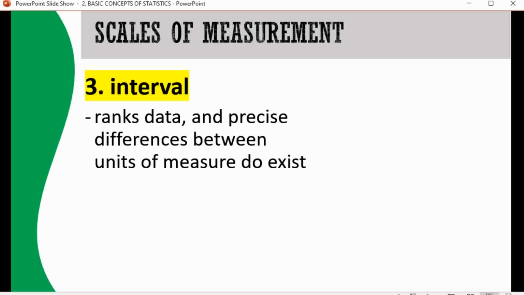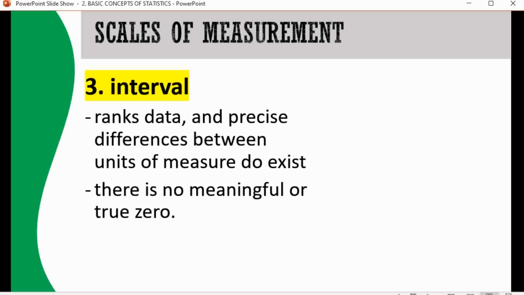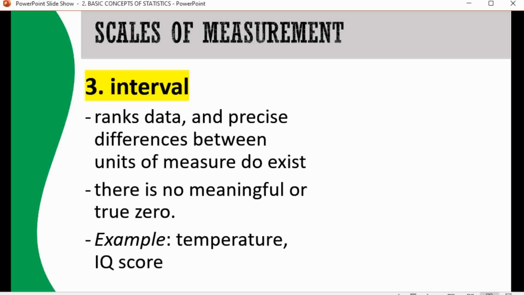To have these values, we often measure them. And through measurement, we obtain values and represent them as numbers. However, 0 here is not meaningful. There is no true 0 value. How do we differentiate this one? I'll explain further later. Examples here are temperature and IQ score.